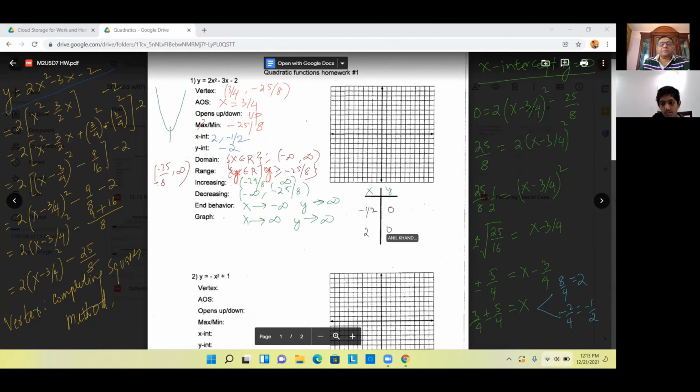Also, the y-intercept, which is at x equals 0, we have y equals minus 2, right? Plus the vertex, which we found that at 3 by 4, it is equal to minus 25 by 8, right? So let me write here now, 3 by 4, we have a value which is minus 25 over 8, correct? Now, those are a few critical things which we have just figured out.